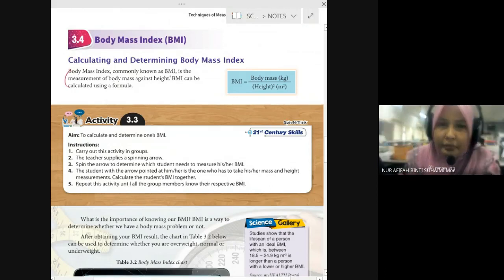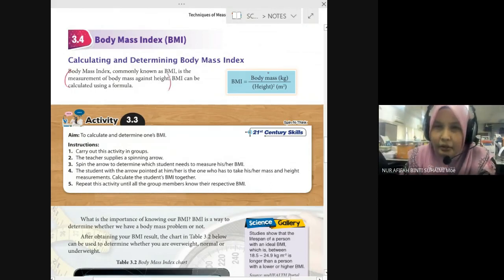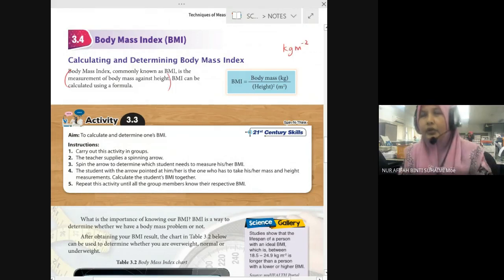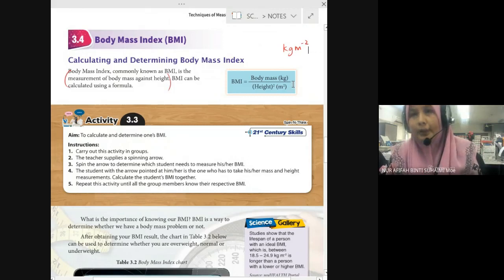Your body mass is measured in kilogram, and height squared is measured in meter squared. So the unit is kilogram meter negative 2. Body mass per height squared.